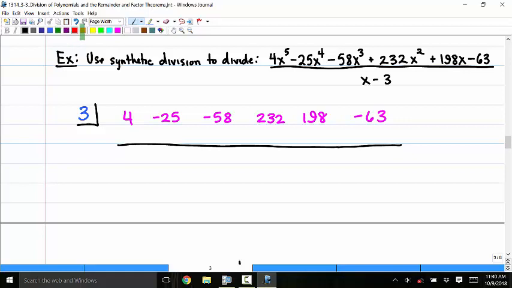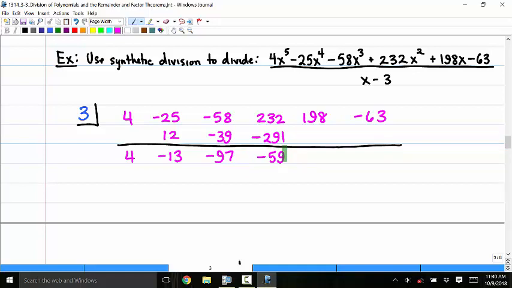So if I drop the number down, I get 4. 4 times 3 is 12. Negative 25 plus 12 is negative 13. Negative 13 times 3 is negative 39. Negative 58 plus negative 39 is negative 97. Negative 97 times 3 is negative 291. 232 plus negative 291 is negative 59.